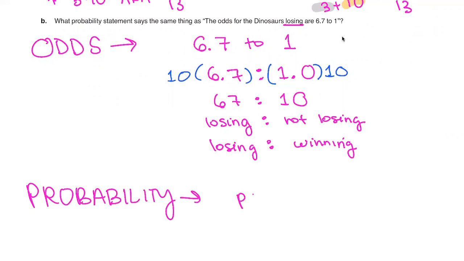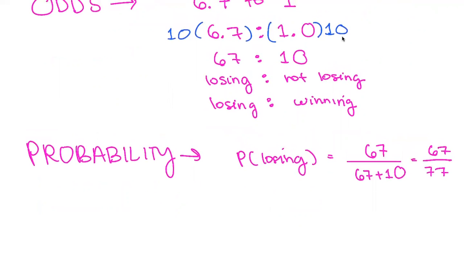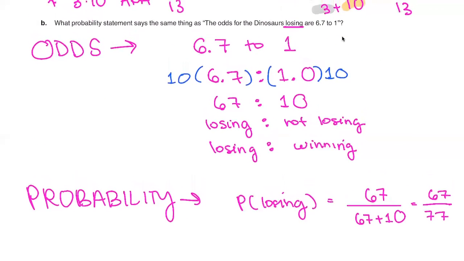We're doing probability of losing. Losing happens 67 times, and all possible outcomes, there's 67 of losing, and then there's 10 for not losing. We get 67 over 77. So the probability of losing 67 over 77 is the same as the odds of losing 67 to 10.